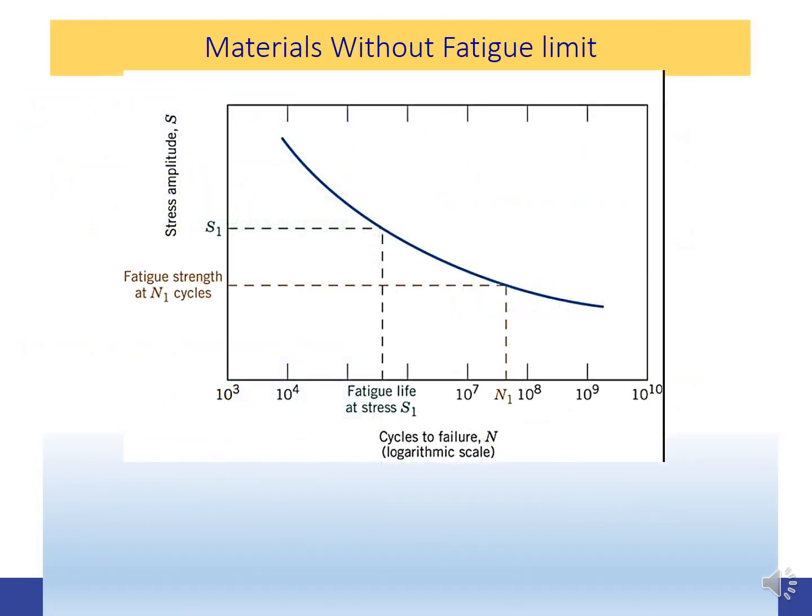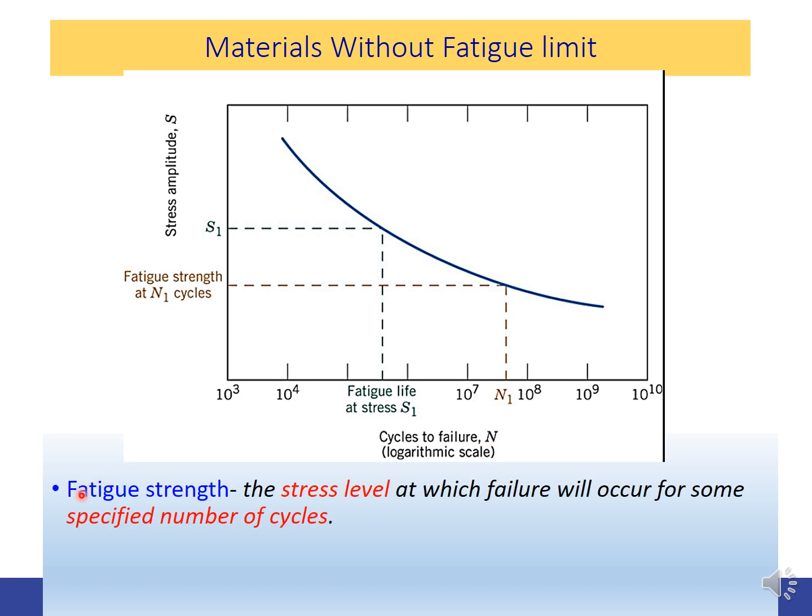For materials without a fatigue limit, there are two important fatigue parameters that can be obtained from the S-N plot. The first one we just mentioned, which is the fatigue strength. It is the stress level at which failure will occur for some specified number of cycles.